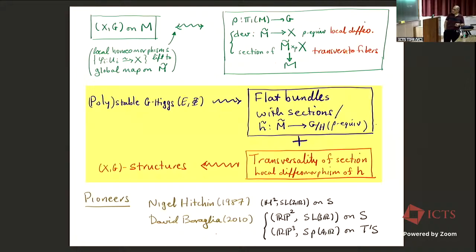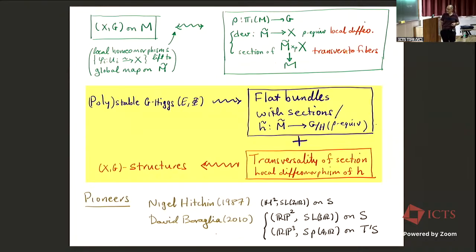So this is what goes into Nigel Hitchin's original construction of hyperbolic structures on the surface from SL2R Higgs bundles. And that was really the only example of geometric structures from Higgs bundles for quite a while.